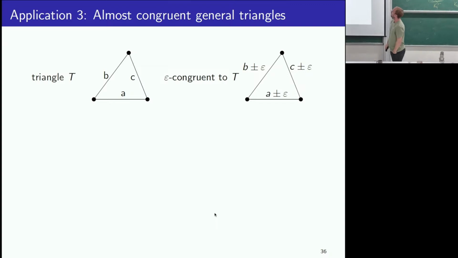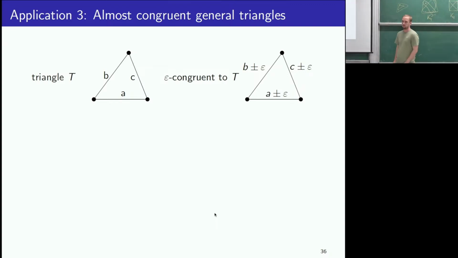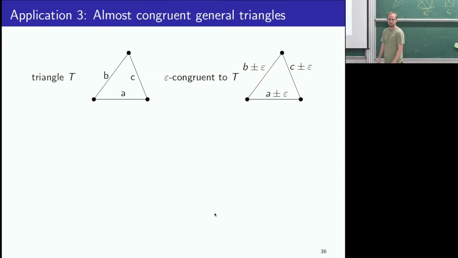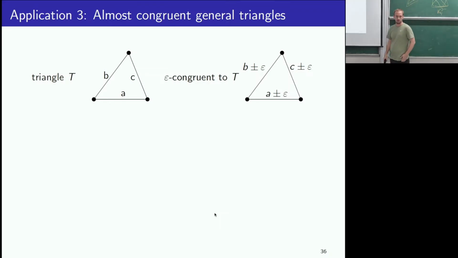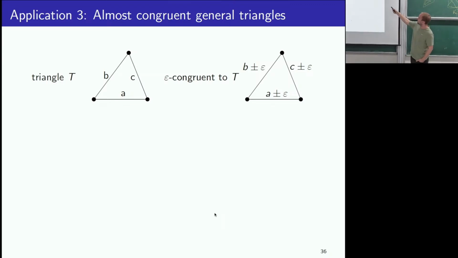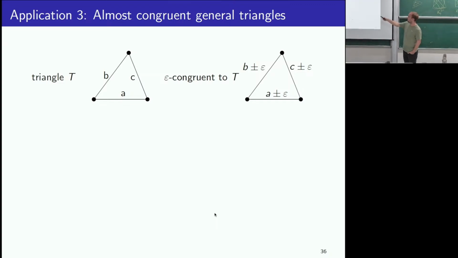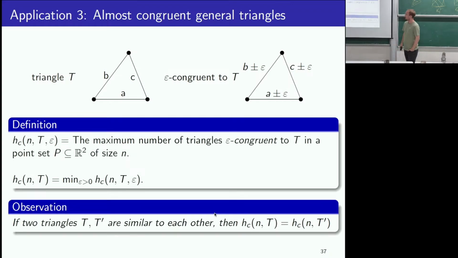All right. So the unit triangle is just one triangle. We can look at other triangles. So say we have a general triangle with side lengths A, B, and C. We can now ask the same type of questions. So I say a triangle is epsilon congruent to the one I started with if the 3 side lengths differ from the 3 given side lengths by at most epsilon. So again, it's this looseness parameter. And I define the same function as before.